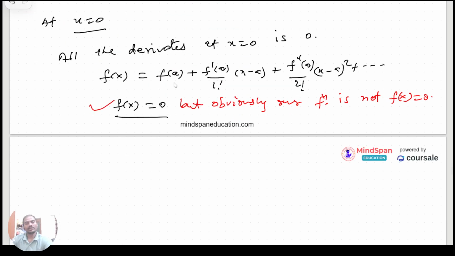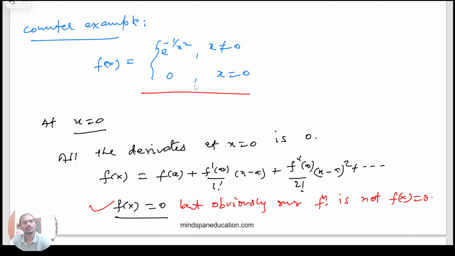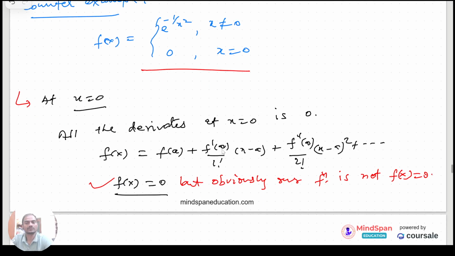But when we apply the Taylor series we get function f(x) equal to 0, constant function, zero function. But obviously this is not the zero function. We have a very well defined function in this piecewise form and Taylor series is failing here. Taylor series is not able to approximate this function.